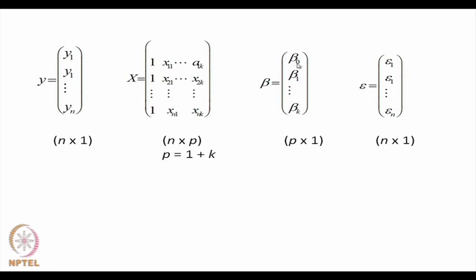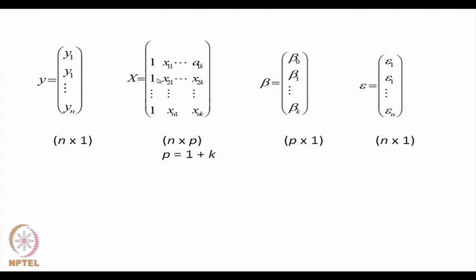Therefore, it becomes k plus 1. That k plus 1 is written as p. So, it is given a notation p by 1. So, it is a p by 1 column vector, and epsilon is also n by 1. There are n number of cross sectional units. This 1 comes here because of beta 0.